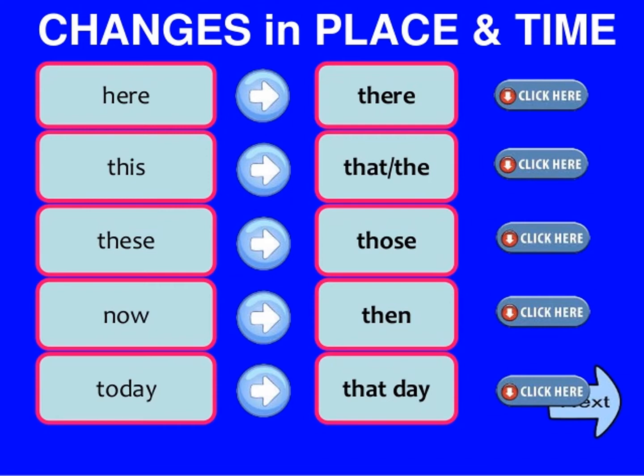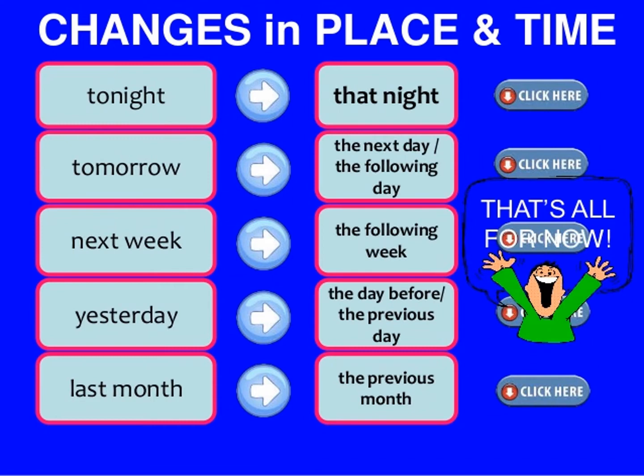These becomes those, now becomes then, today becomes that day. Tonight becomes that night. Tomorrow becomes the next day or the following day. Next week becomes the following week. Yesterday becomes the day before or the previous day. Last month becomes the previous month.